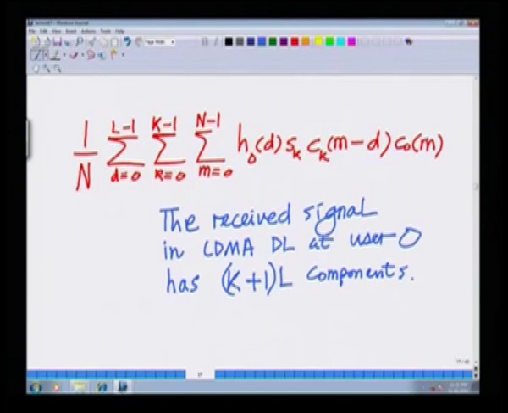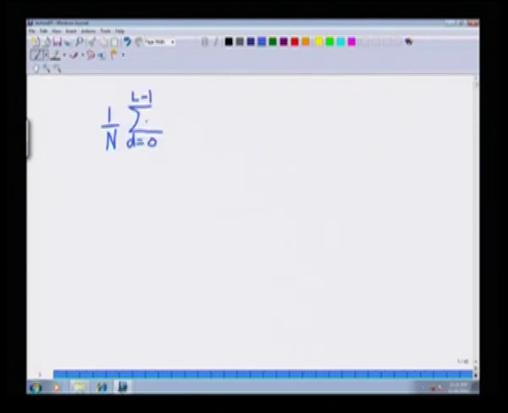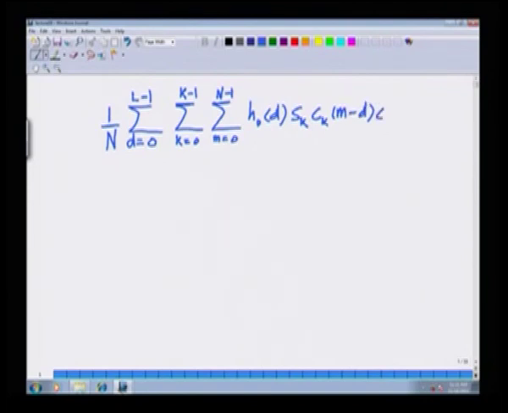So, let me resume with that analysis: summation d equals 0 to L minus 1, summation k equals 0 to K minus 1, summation m equals 0 to N minus 1, h0 d times s_k times c_k of m minus d times c0 of m.